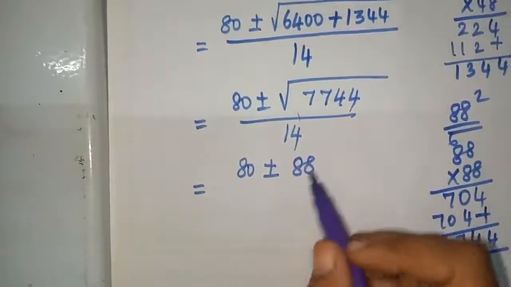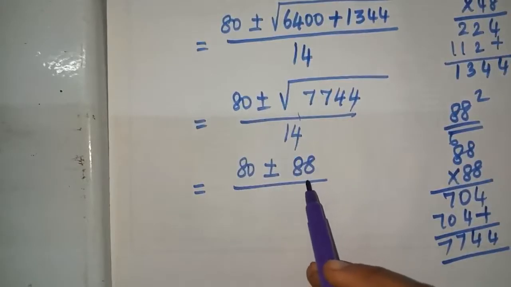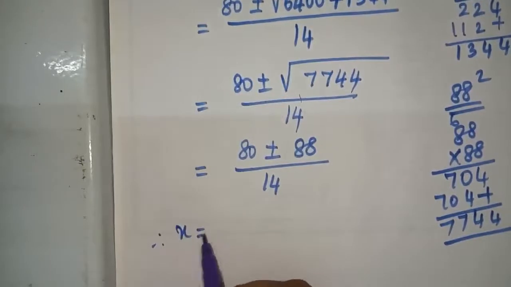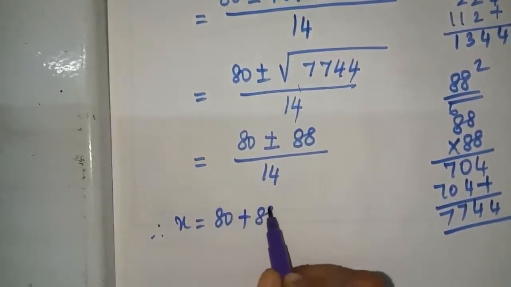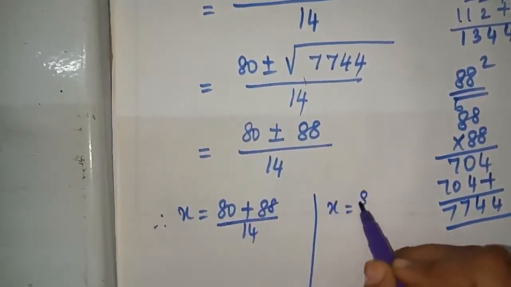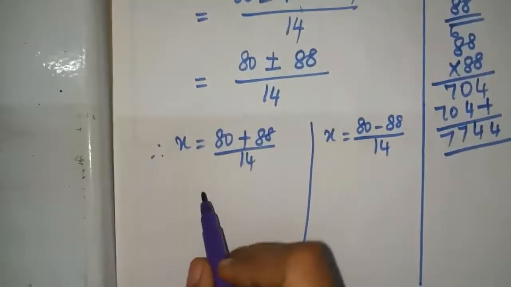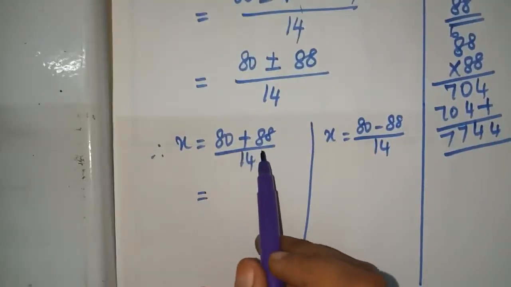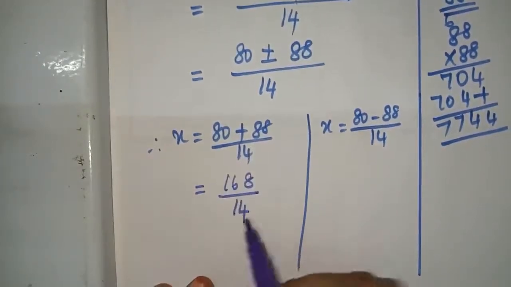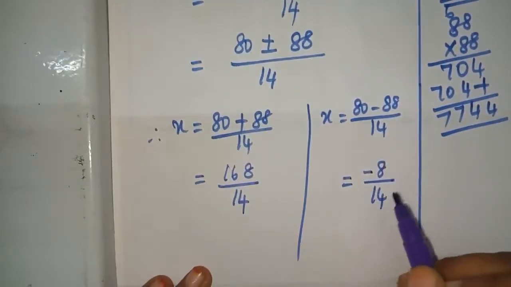So 88 square means square and square root get cancelled. So you have to take 88 divided by 14. Therefore x is equal to 80 plus 88 divided by 14, x is equal to 80 minus 88 divided by 14, which is equal to 168 by 14, which is 12, and minus 8 by 14.